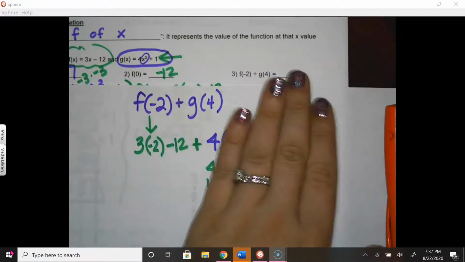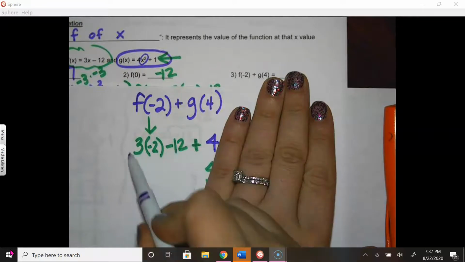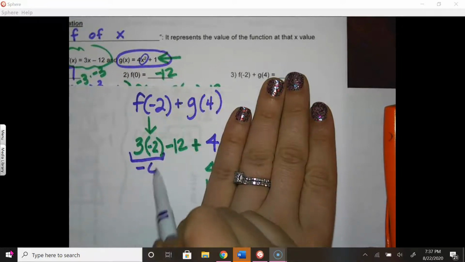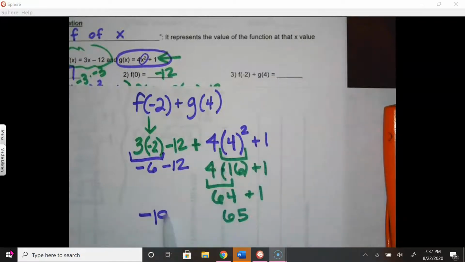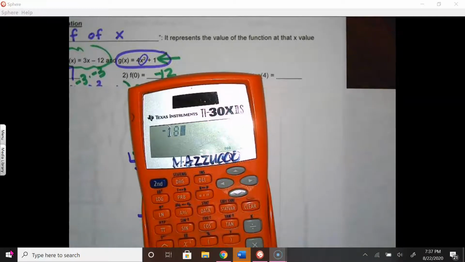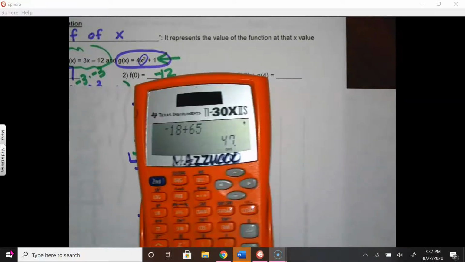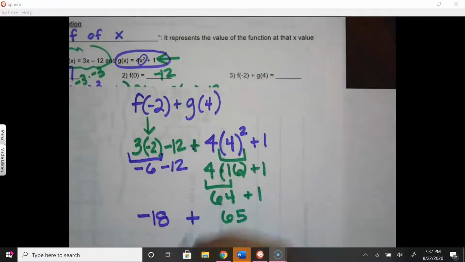Now we're going to go over here, and we have 3 times -2, and then minus 12, and we'd get -18 plus 65. So -18 plus 65 is 47.